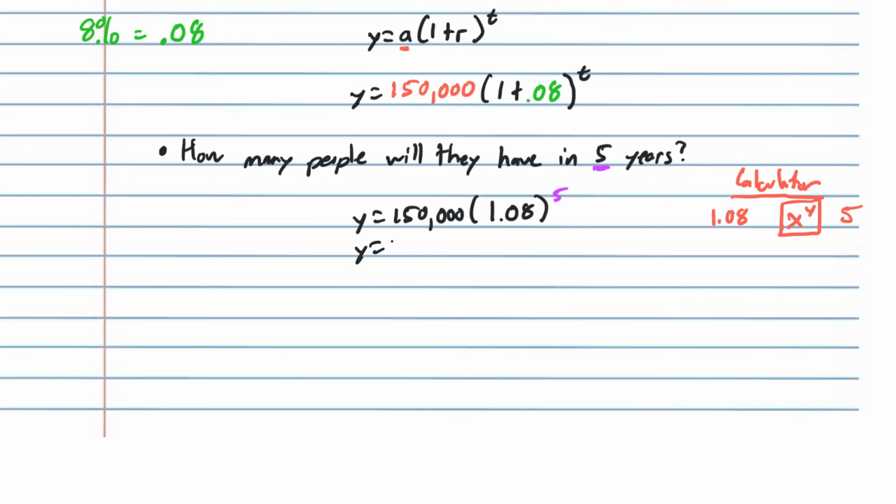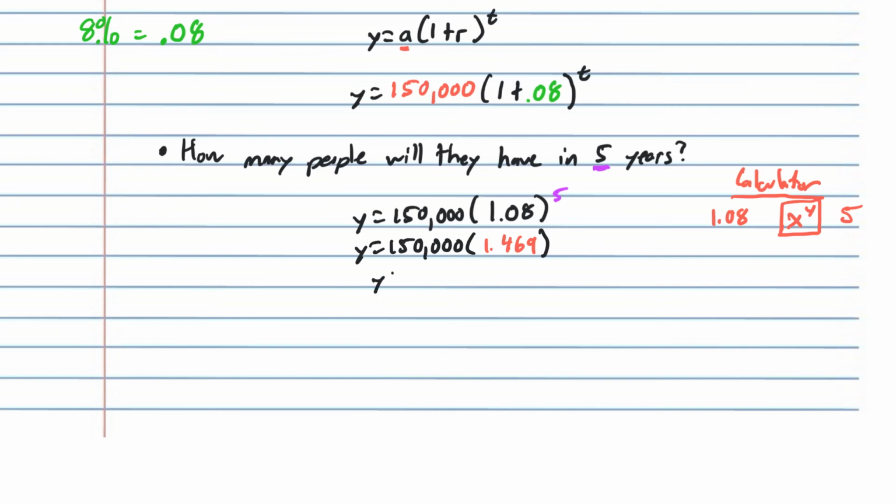So if you enter that correctly, you should get this. So y is equal to 150,000 and then 1.08 to the power of 5. If you do it correctly, you should get 1.469. Okay, you might get more than 3 decimal places, but I just rounded it off. And then we can multiply this in the calculator, 150,000 times 1.469.